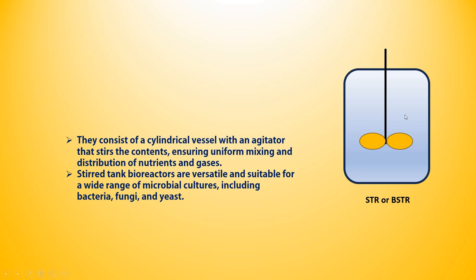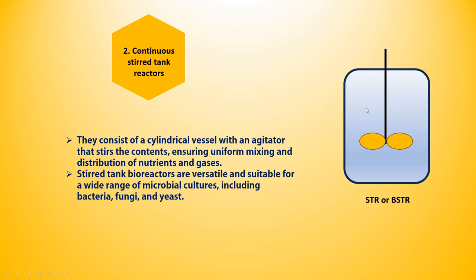Now the similar principle is used in the continuous stirred bioreactors. So what is the difference between stirred tank bioreactors and continuous stirred bioreactors? In the case of the stirred tank bioreactors, which are also called batch stirred tank reactors or BSTR, a fixed volume of media is used for the culture.